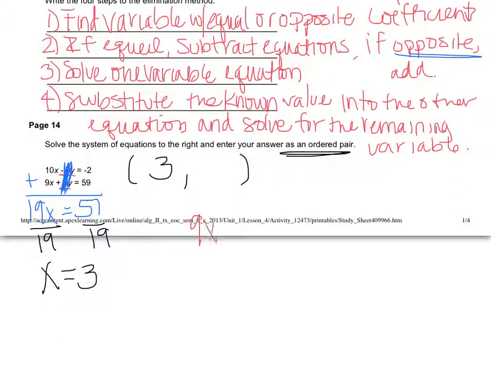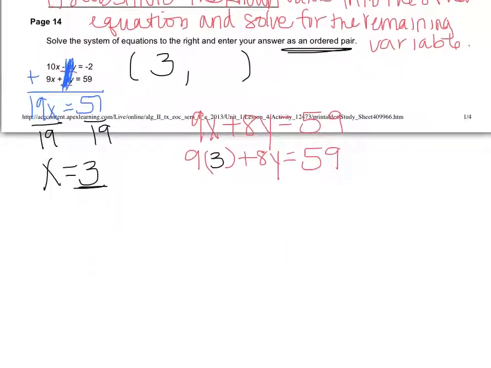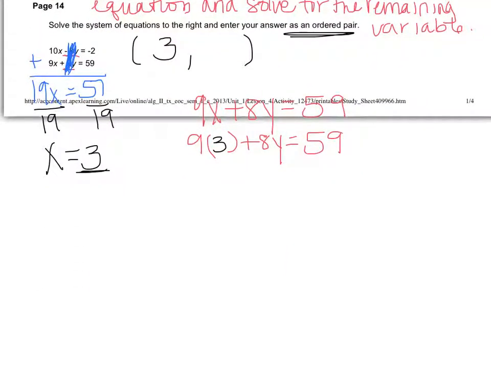So I have 9x plus 8y equals 59. And instead of x, I'm going to plug in 3 because we just found out that x was 3. So it becomes 9 times 3 plus 8y equals 59. And this is now an equation that I can solve easily.